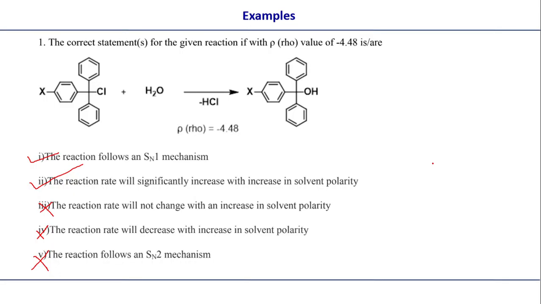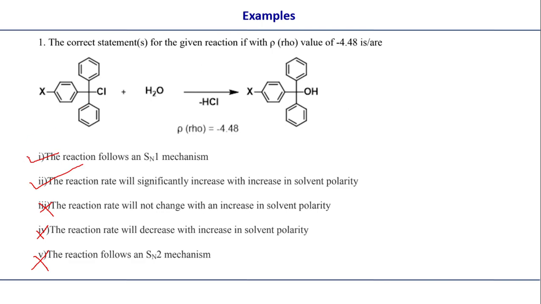Then we have discussed the questions, and the question was based on the solvent effect and rho effect. Because here a rho magnitude of minus 4.48 is given, that means an electron releasing group will be present, and it will stabilize the carbocation formation. So this reaction will follow the SN1 pathway.